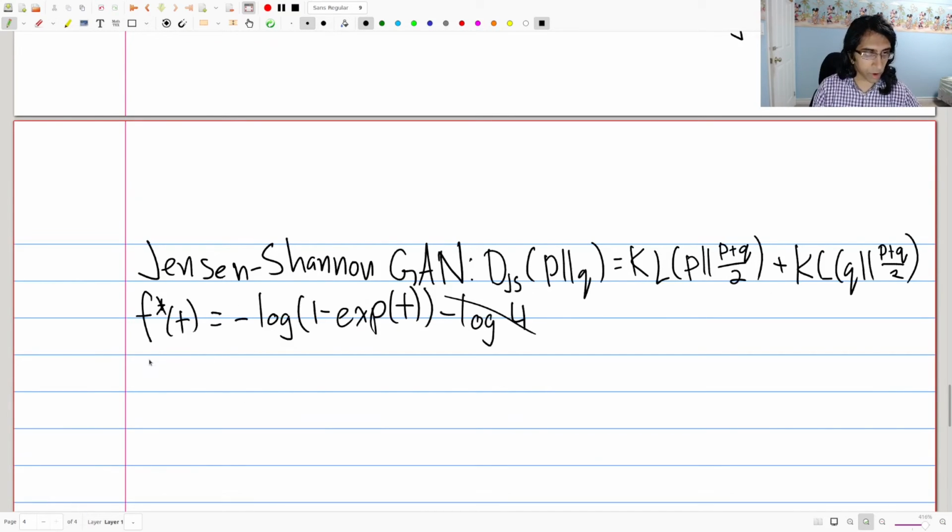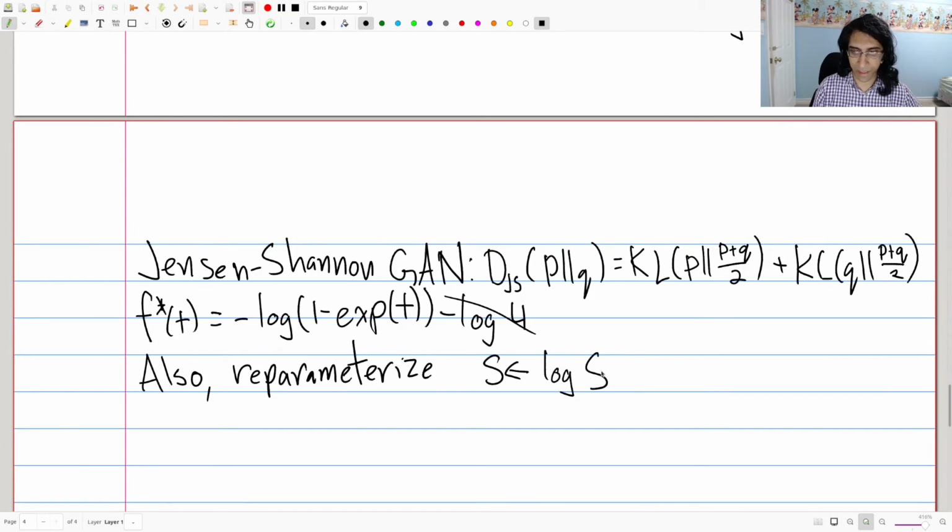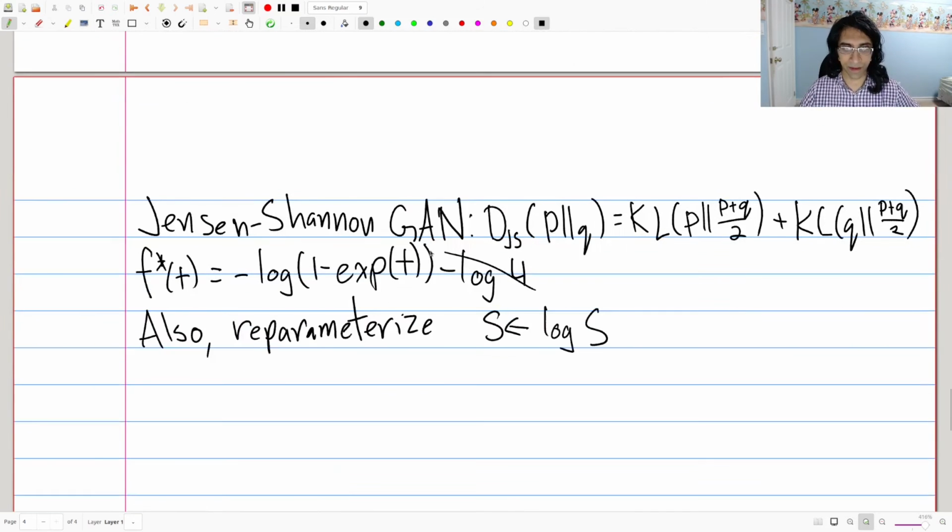And the final trick we're going to do is also reparameterize, so that we basically replace s with log of s. This is going to be very nice because we have this log of 1 minus exp of t.